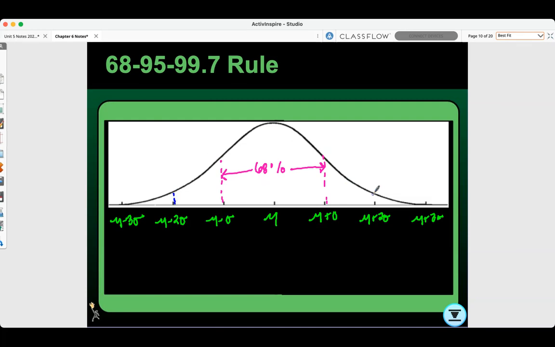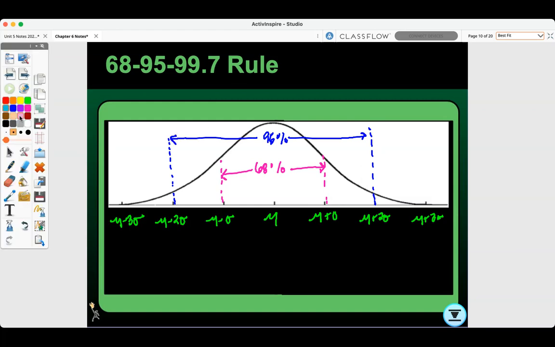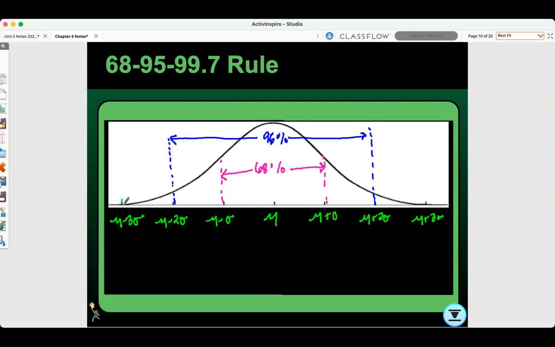Within two standard deviations of the mean, that would be 95% of the data. And we'll go ahead and write it up here. So 95% of the data falls within two standard deviations of the mean. And then within three standard deviations of the mean, you have 99.7% of the data.